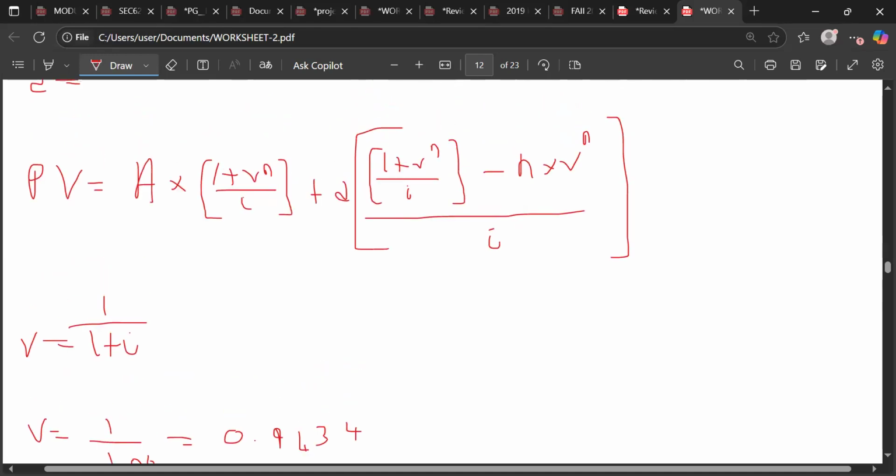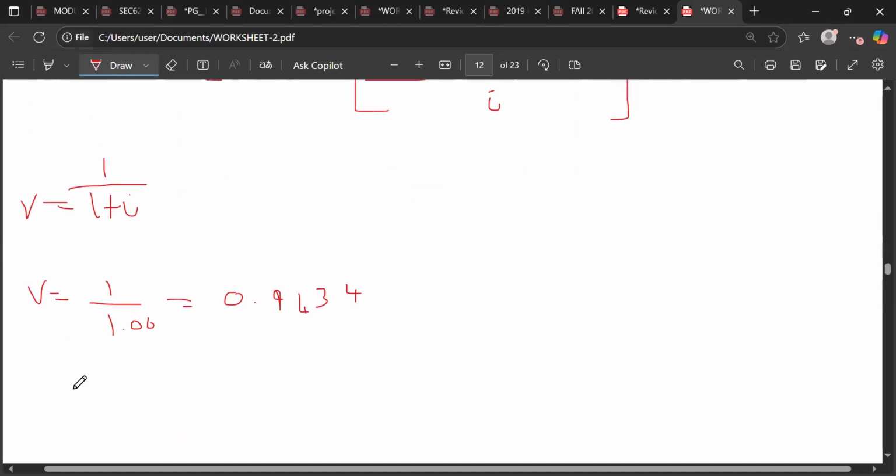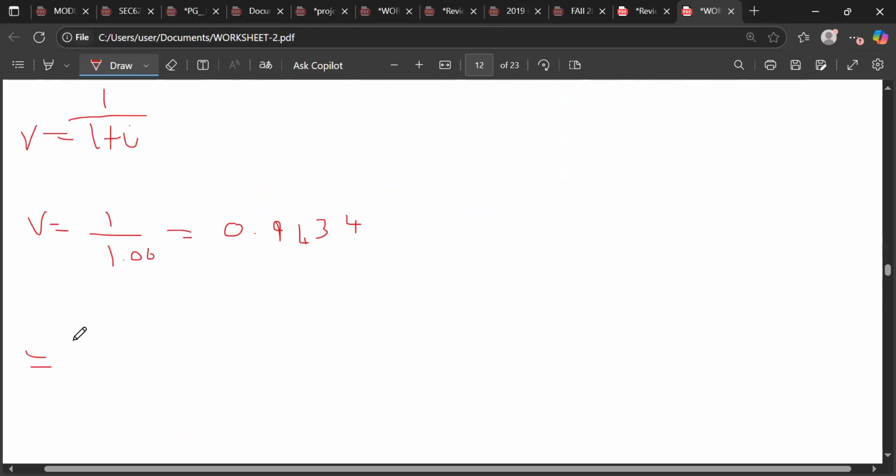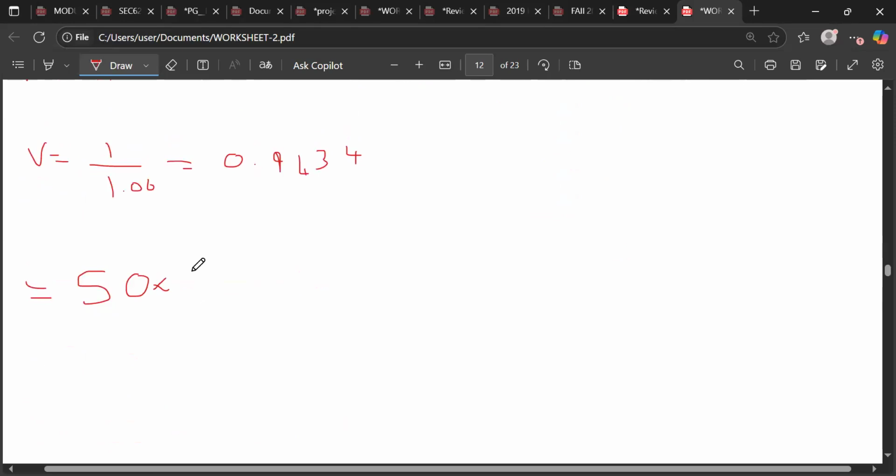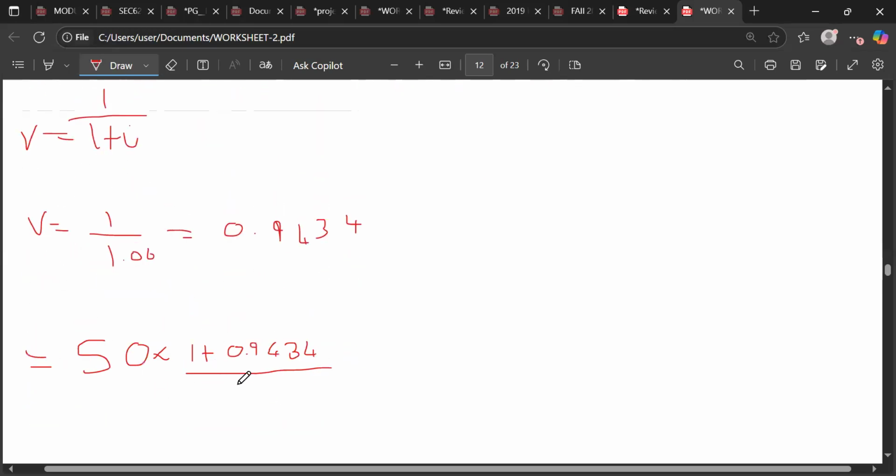With that in mind, we proceed. This is going to be equal to A, which is 50, times 1 plus 0.9434 over 0.06.